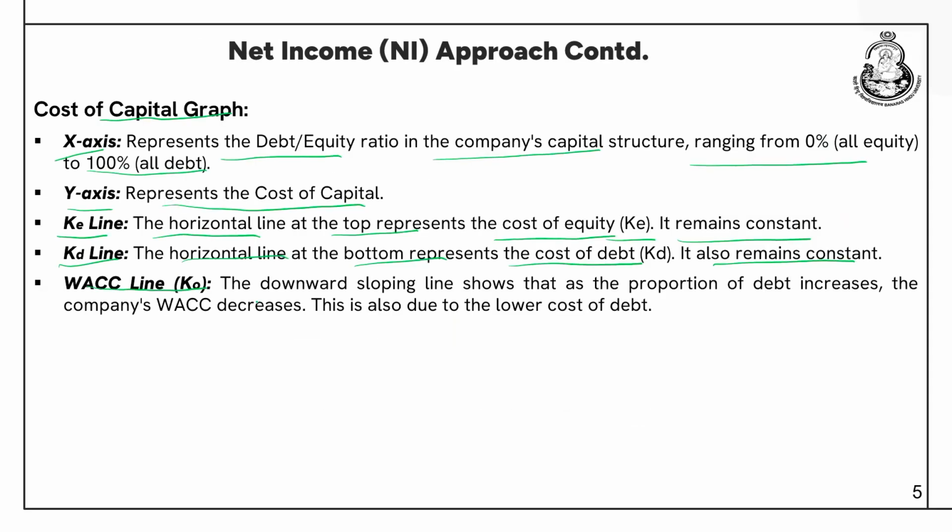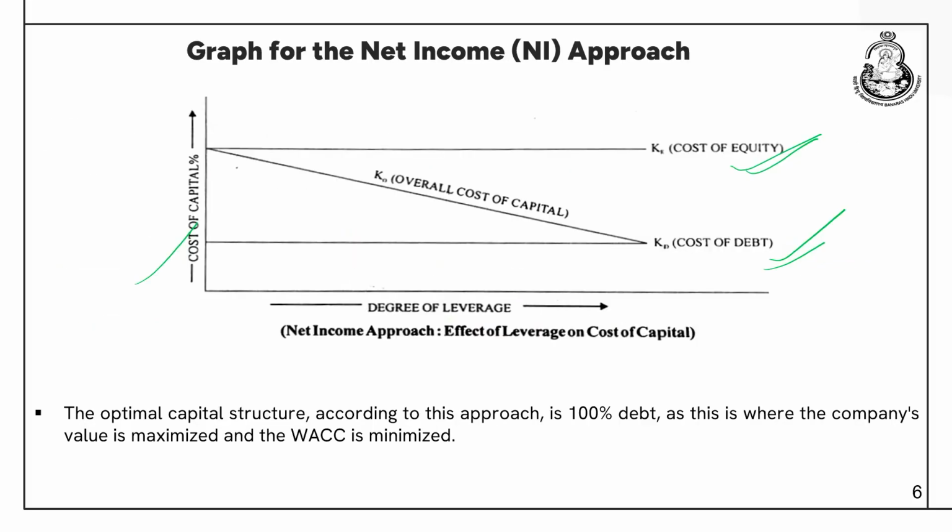The WACC line, that is KO, the downward sloping line, shows that as the proportion of debt increases, the company's weighted average cost of capital decreases. This is also due to the lower cost of debt. So, as the proportion of the cheaper source of funds, that is debt, in the capital structure increases, the overall cost of capital decreases. If you remember the bucket example, it is based on a similar concept, right.